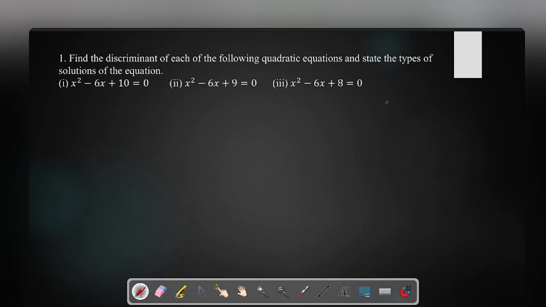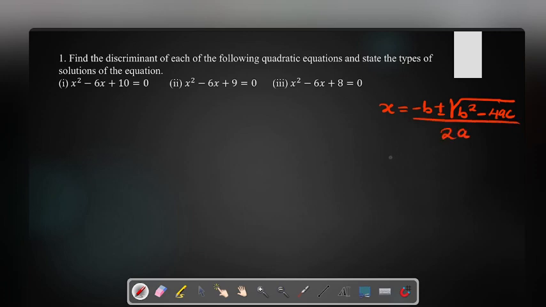So if you remember the quadratic formula method, it goes like x is equal to negative b plus or minus the square root of b squared minus 4ac, all over 2a.